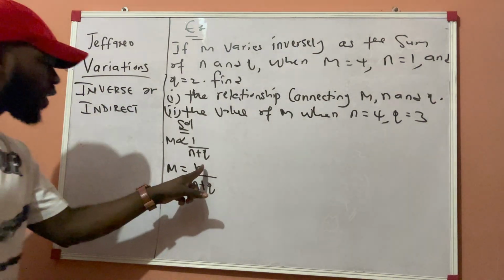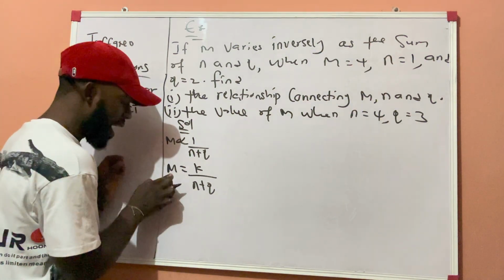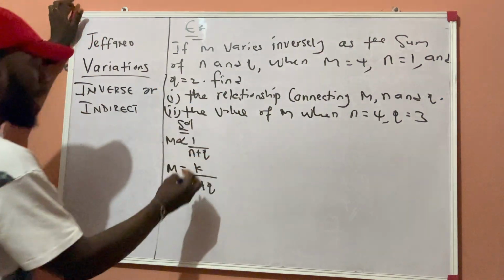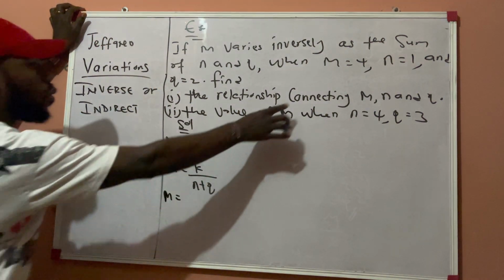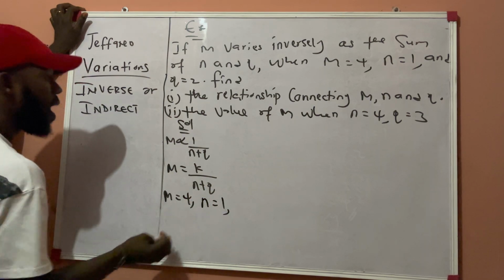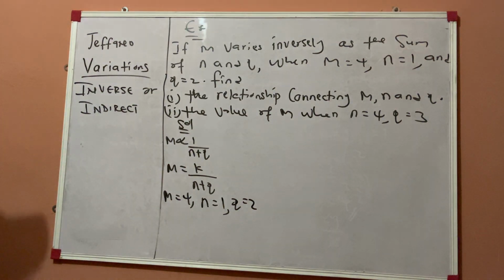Now, what do we do? We look for the value of the constant. And for us to get the value of the constant, the values of m, n, and q must be given. And yes, it was given. m was 4, n was 1, and q was 2. Now, what does that mean?